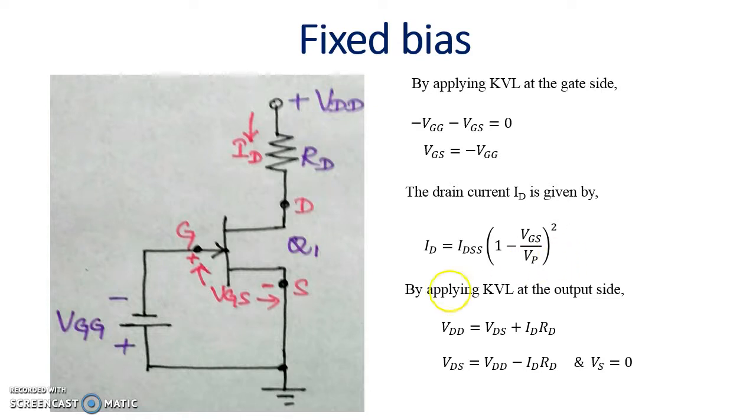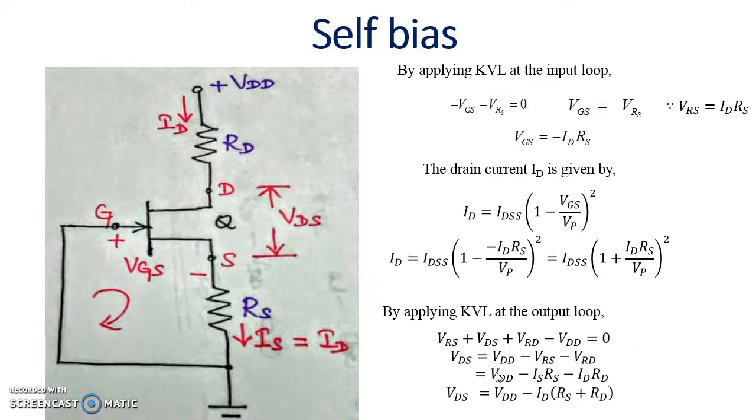Similarly, by applying KVL at the output side, we have VDD is equal to VDS plus ID into RD, and VDS is equal to VDD minus ID into RD, and the source voltage Vs is equal to 0 since the source is directly grounded. Next comes self-bias.